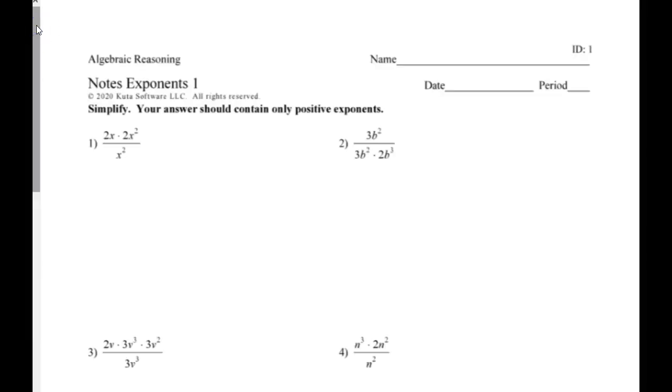Let's do this. So, on the top, multiplying the top, 2 times 2 is 4. 1 plus 2 is 3. Over x squared. And then the 4 stays there. And then 3 minus 2 is 1. 4x.